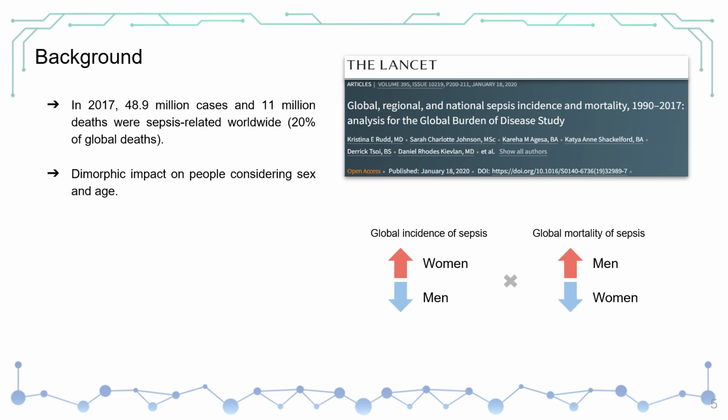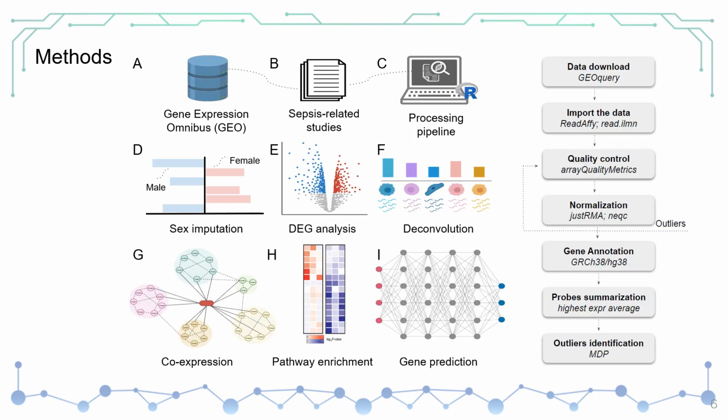This study also discussed that there is a demographic impact considering sex and age, and they showed that the global incidence of sepsis is increased in women, while global mortality of sepsis is increased in men. So in this study, we aim to understand the molecular signatures that may reflect these sexual dimorphisms in sepsis.